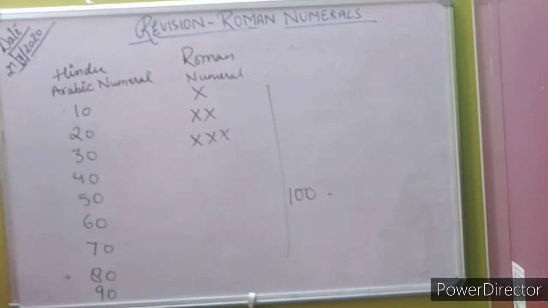And 40 is repeating X four times. This is not possible because no numeral can repeat more than 3 times.